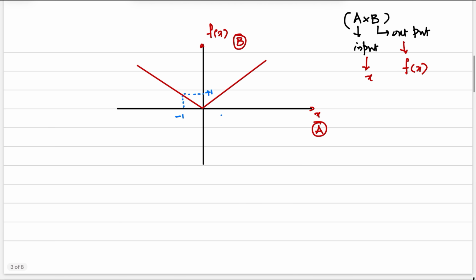If x is plus 1, f(x) is plus 1. The red line shows the value of f(x) is always positive, whether the input x is positive or negative in the modulus function.